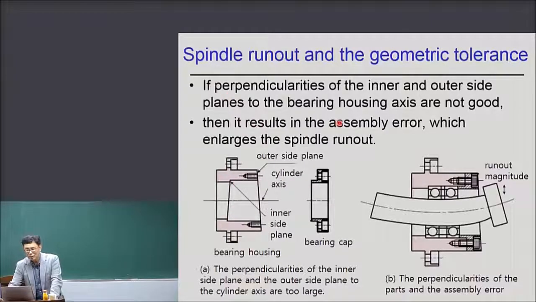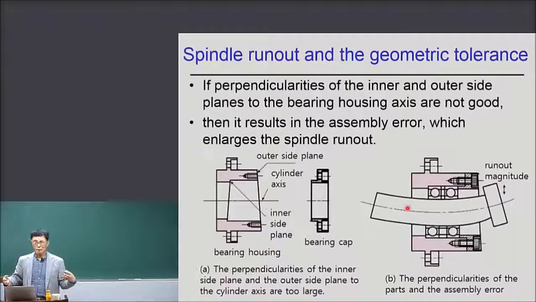If you assemble the spindle into the bearing housing, since the bearing posture is distorted, it is natural that the spindle runout becomes large.